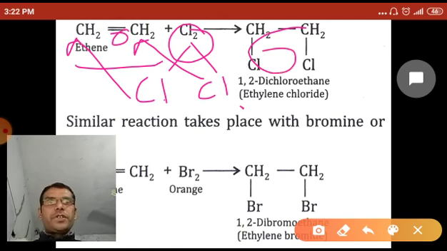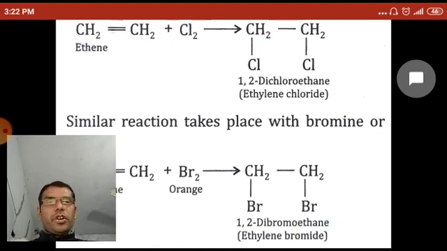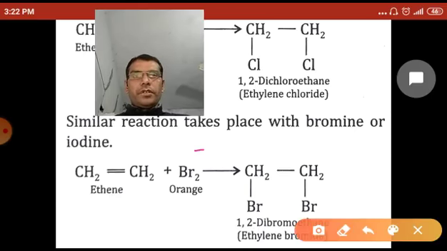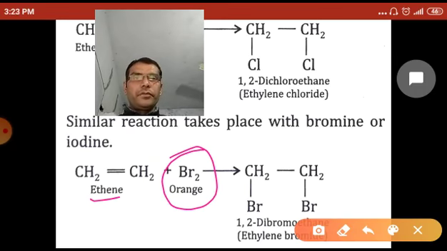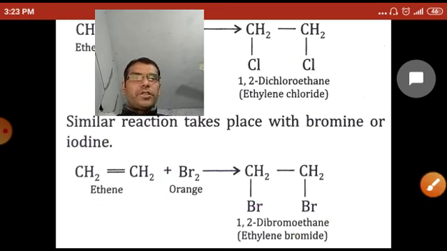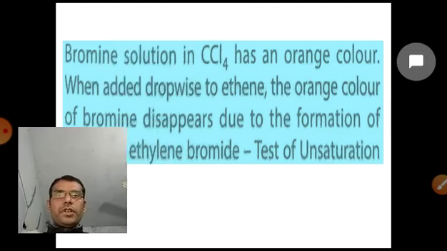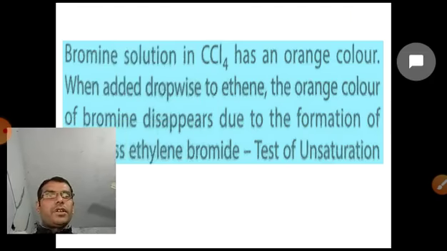A similar reaction takes place with bromine or iodine. So when the orange bromine reacts with ethene, it produces 1,2-dibromoethane. The double bond breaks down to form a single bond. That means unsaturation is lost and the compound becomes saturated.